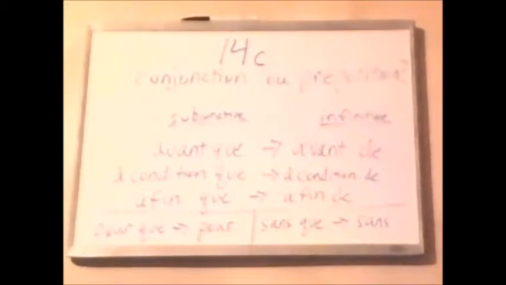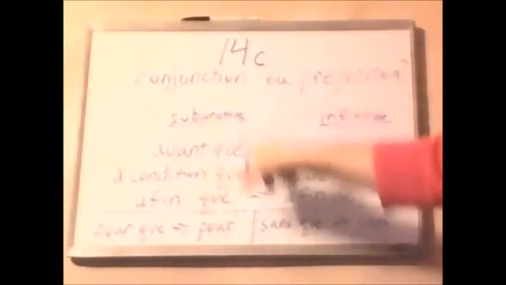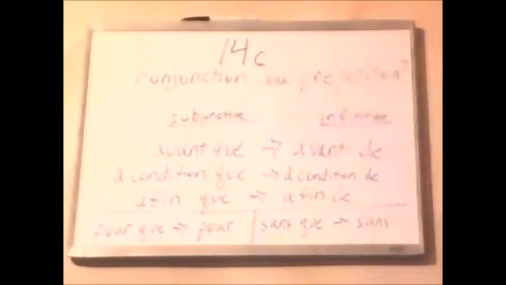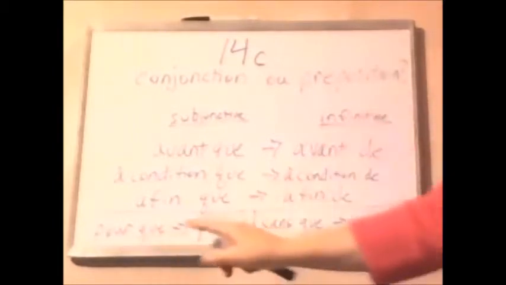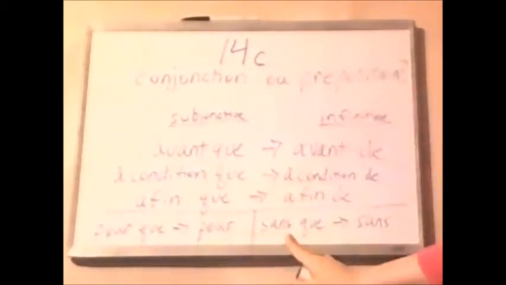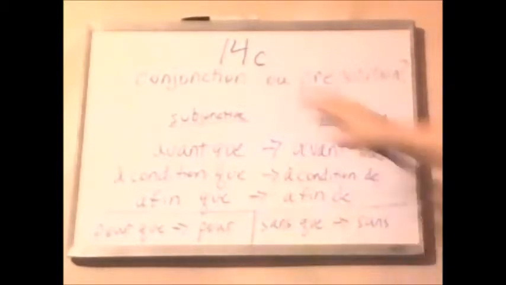No de on those two. So when you use a subjunctive with these conjunctions, you can avoid that by using the infinitive with these prepositions. And that includes conjunction and subjunctive here, and then preposition and infinitive here. Those aren't lined up quite the same, but hopefully you can tell what I've got going on with the different sections there.